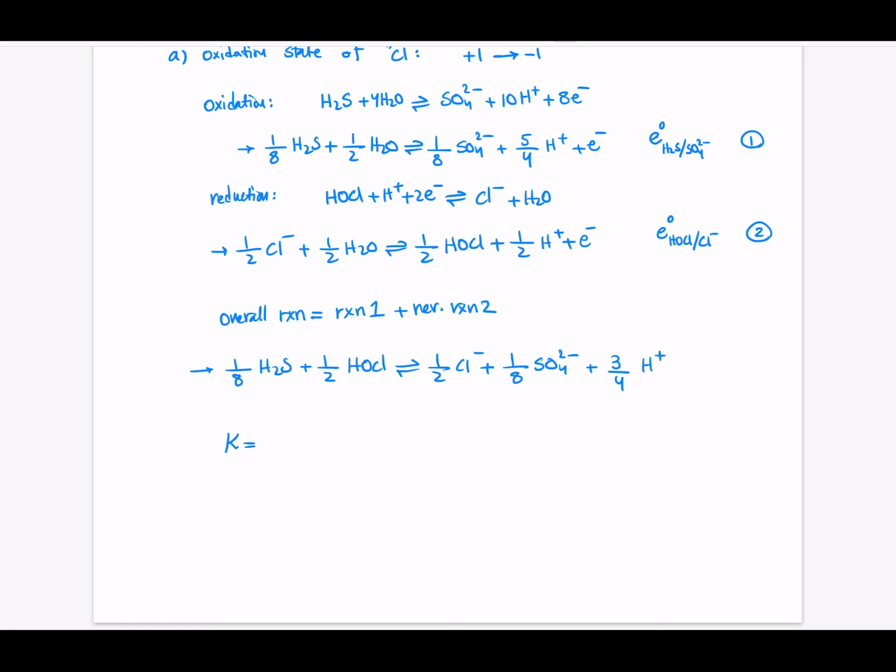K value would be in this case equal to the E0 of reaction. And based on what we've learned on the previous page, PE0 of reaction would be PE0 of oxidation minus PE0 of the reduction. What would be the value then?